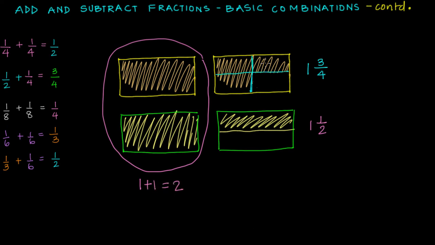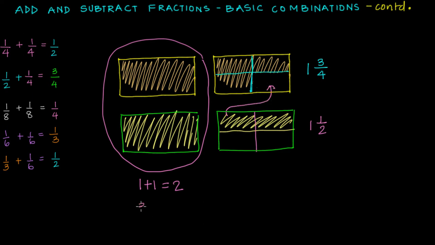Now you have this 3/4 of a bar of chocolate and this half a bar of chocolate. You know that half is made of 1/4 plus 1/4, which would look like this. What if I now join this 1/4 with this 3/4?